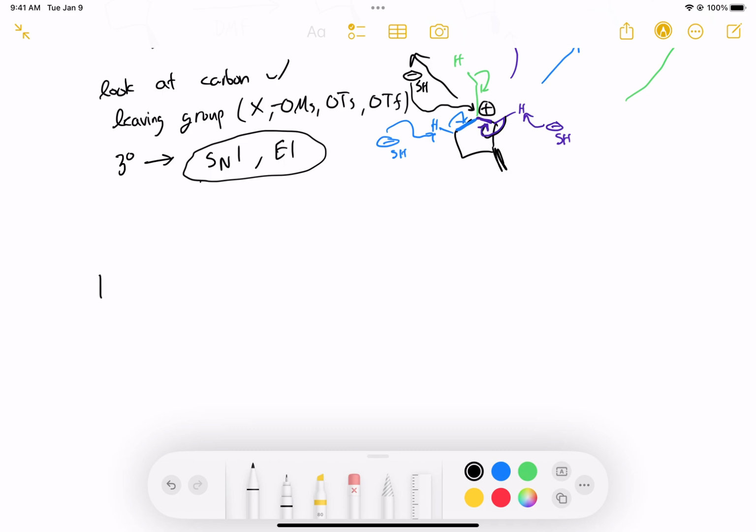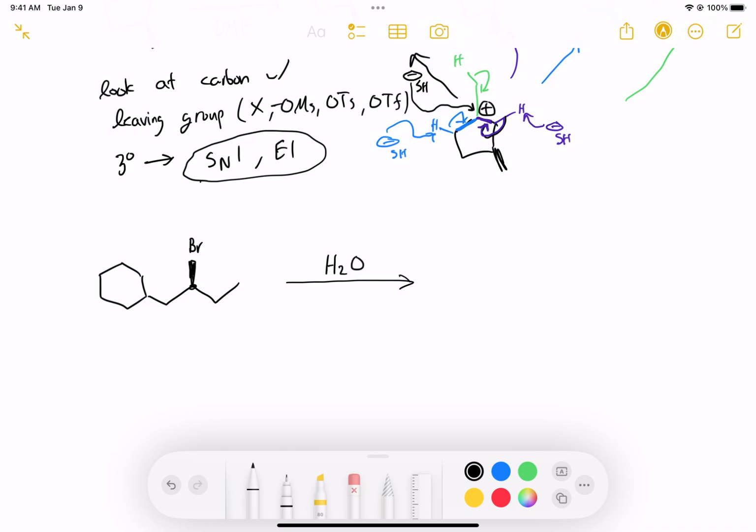So, we have cyclohexane. I could just make it a little bit different. All of these conditions.